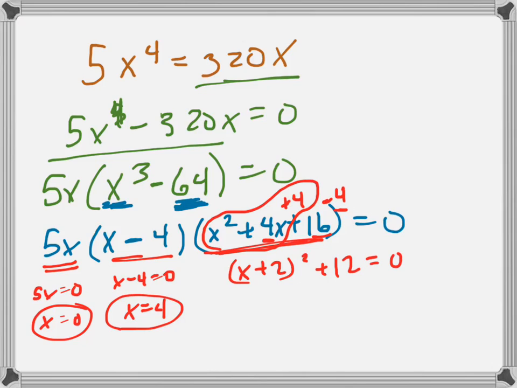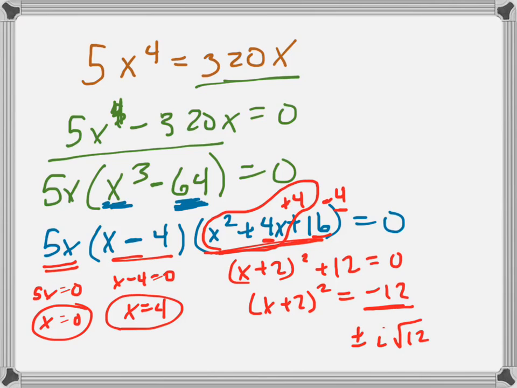So now let's subtract 12 from both sides. Now, do they want us to give complex solutions too? Because that's what we're going to have. Because when I take the square root of negative 12, what am I going to get? I'm going to get plus or minus i times the square root of 12, and the square root of 12 breaks up into what? 4 times 3.